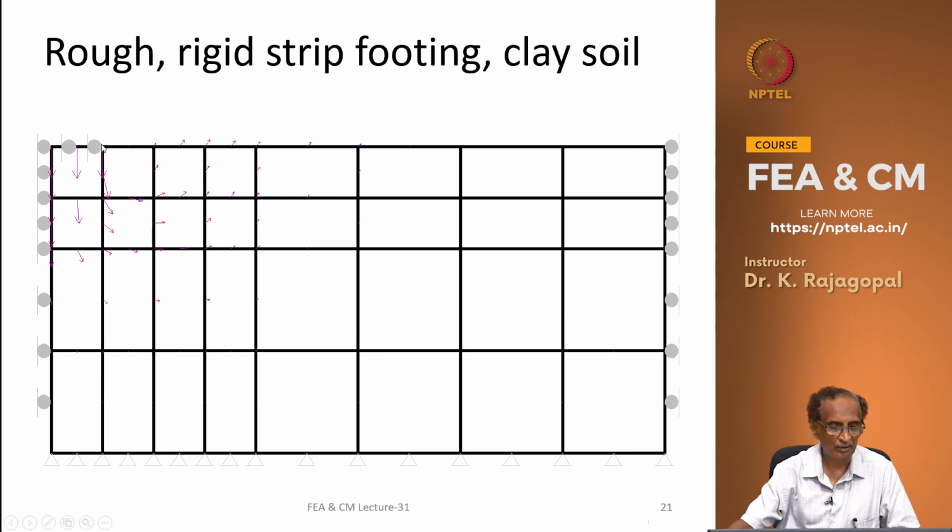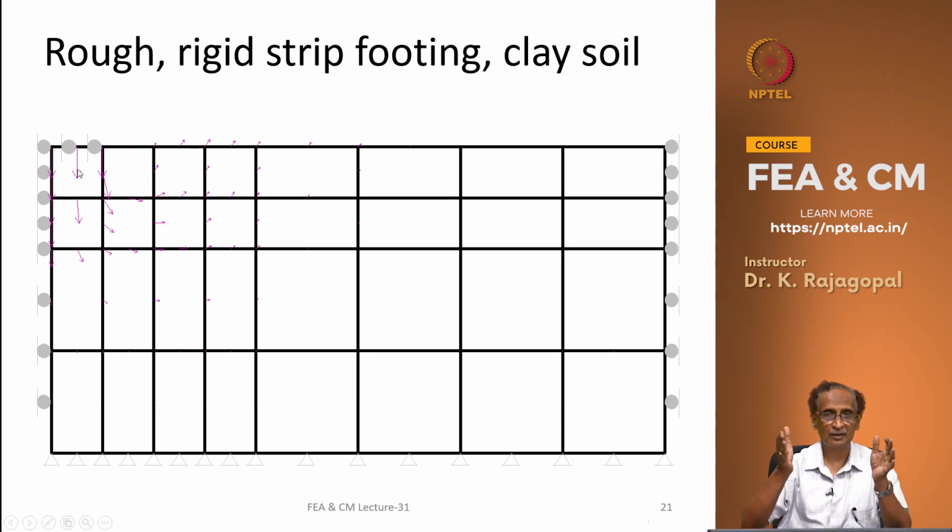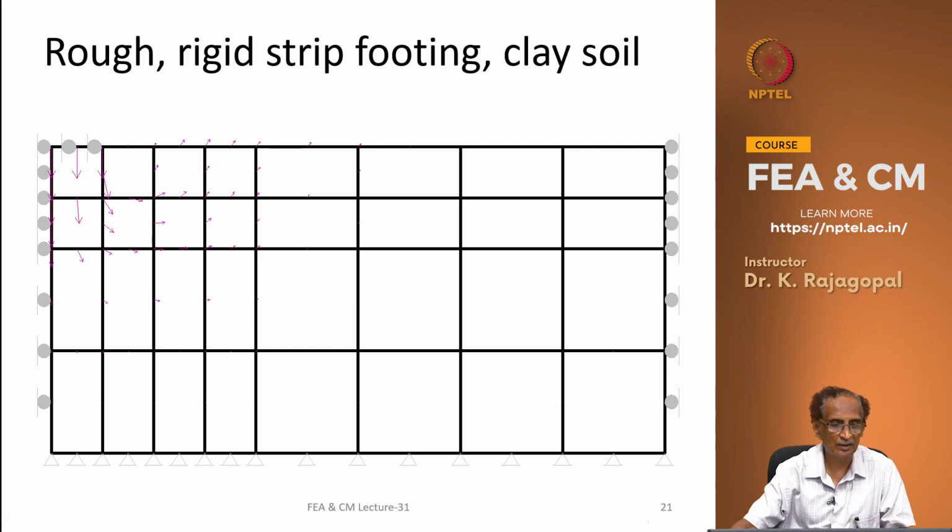These three nodes correspond to the footing, and we have applied equal vertical displacement to all these three nodes, and then we constrained all these three nodes from moving in the horizontal direction, and that is what we see here. We see the roller here, so that means that this particular node will move only in the vertical direction and not in the lateral direction. That is why you see this vector is going down.